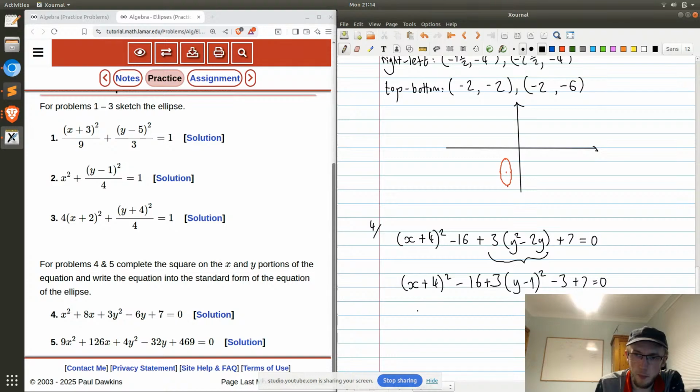Now, bring it all over. -16, that turns into -19. -19 plus 7 is -12. Bring that over, it turns into 12. Okay, so this is looking more like what we want.